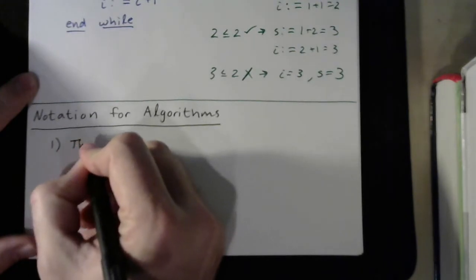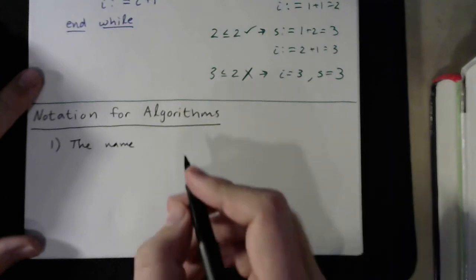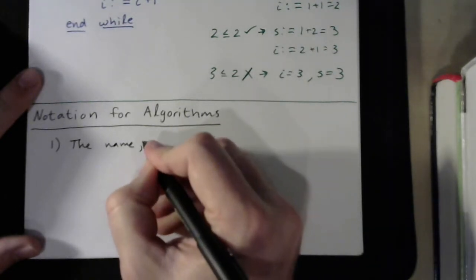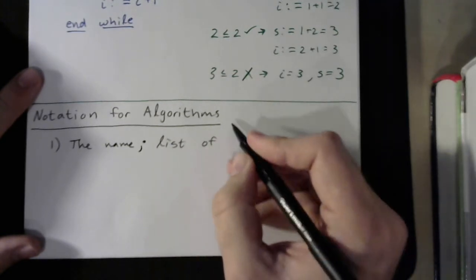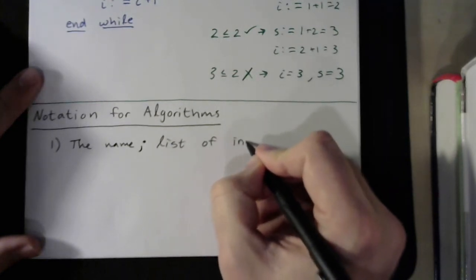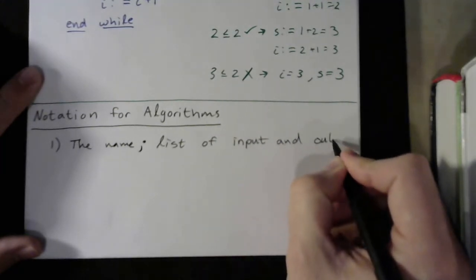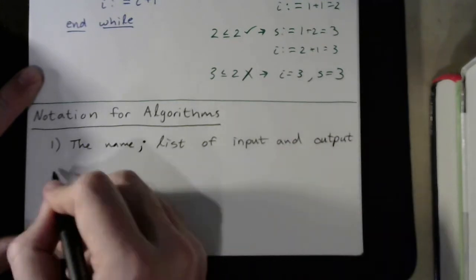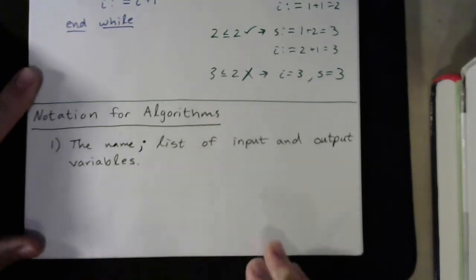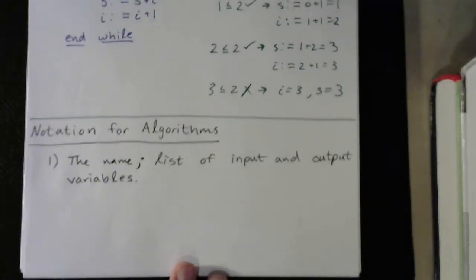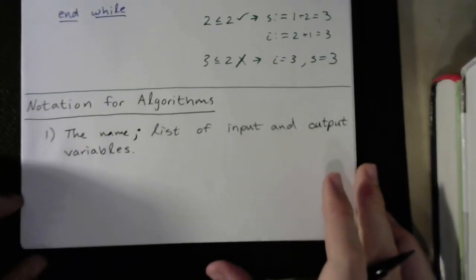So obviously we need the name, and we need a list of input and output variables. So these variables are not values, they're just the names of the variables, right? So in this algorithm we had I and we had S. I didn't give you a name because it was just a silly little computational algorithm.